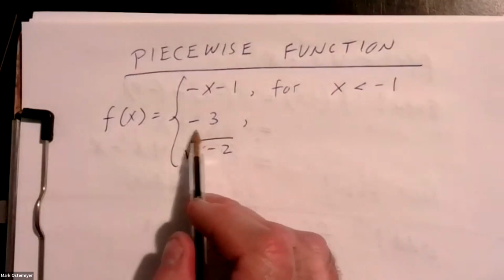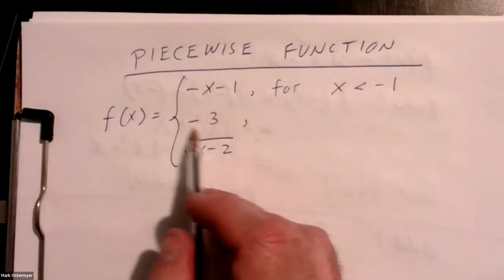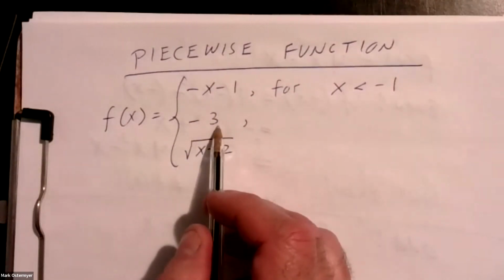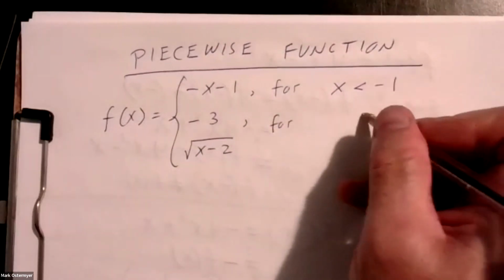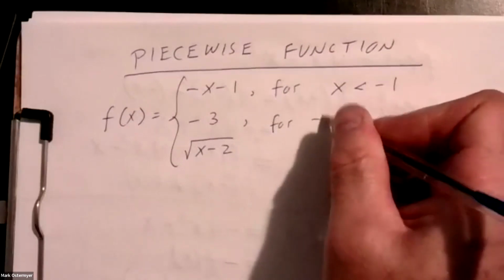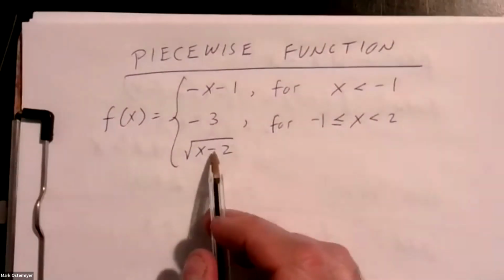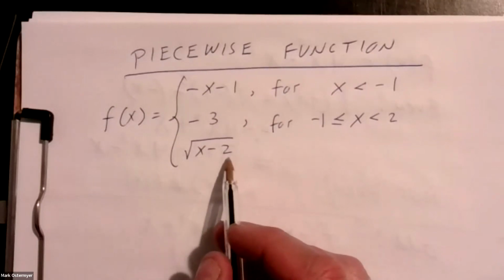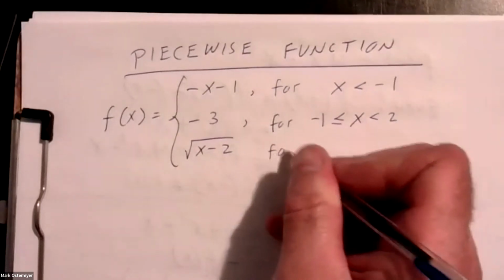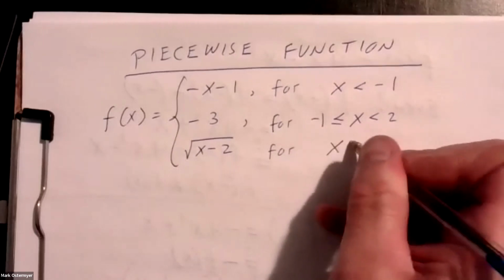It takes on the definition of this constant function, f of x equals -3, for input values that lie between -1 and 2. It takes on a definition of a radical function, a square root function, for input values that are greater than or equal to 2.